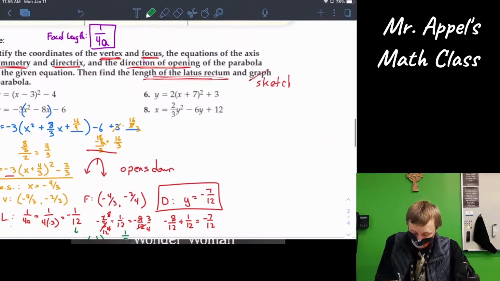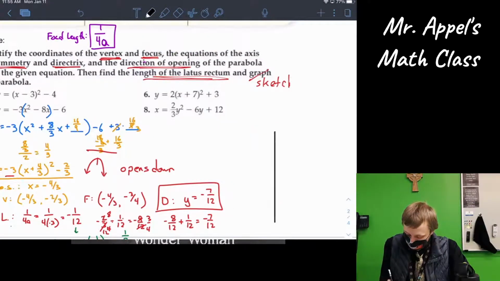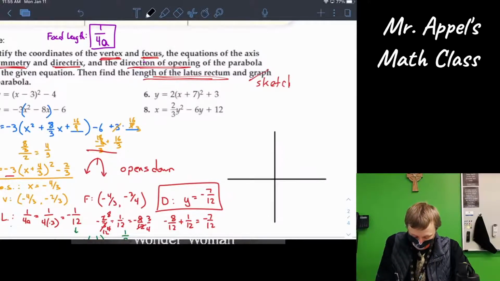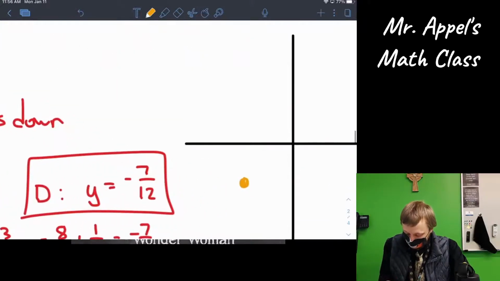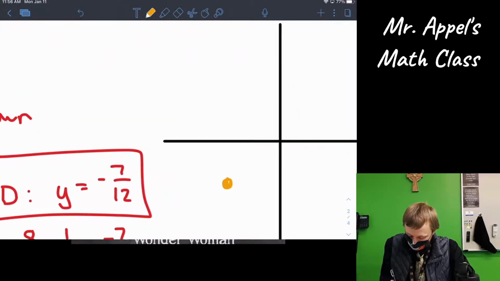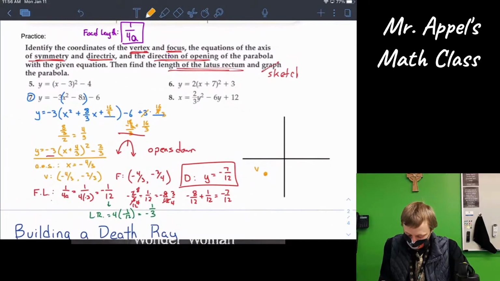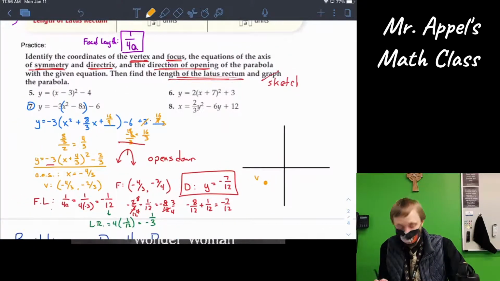And now let's create a sketch. So I'll give myself a set of axes here. We need a vertex, which is at negative, comma, negative. I'm going to put it right there. I get to scale my axes however I want. So if I say those are negative 4/3 and negative 2/3, then they are.